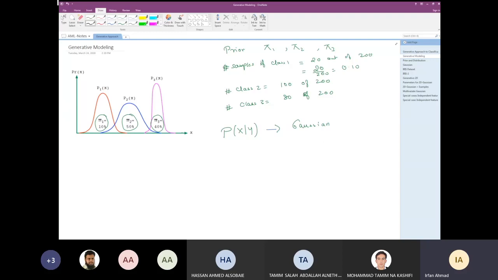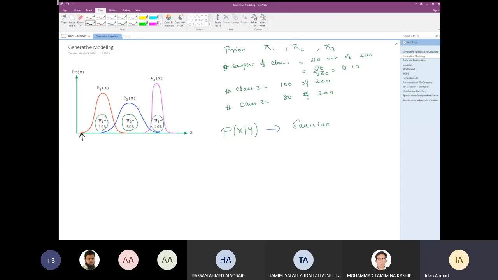Assuming the test sample has a feature value, let's say somewhere here, what do you think will be the class for that sample? Again, keep in mind this is one dimensional, so it's only one feature, right? So if this test sample has a value somewhere here, looking at the distribution it looks very obvious that the class would be the first class, because that will have the overall highest likelihood.